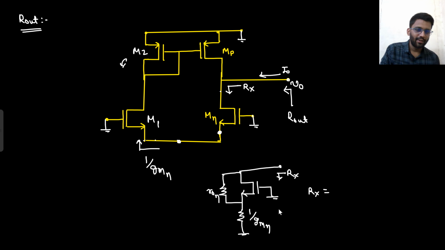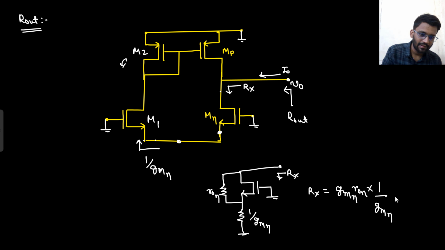So you are moving from drain to source. If you are moving from drain to source, you need only one step. So that step would be GMN R naught N into the source resistance, that would be 1 by GMN, plus R naught N plus 1 by GMN.